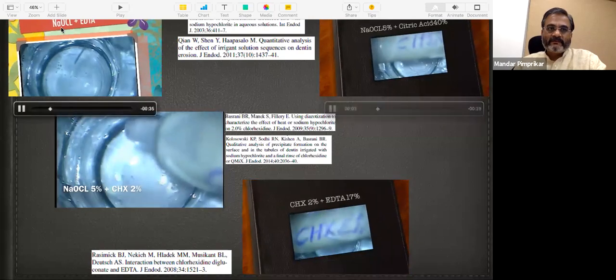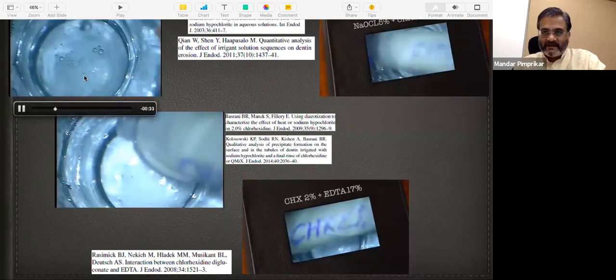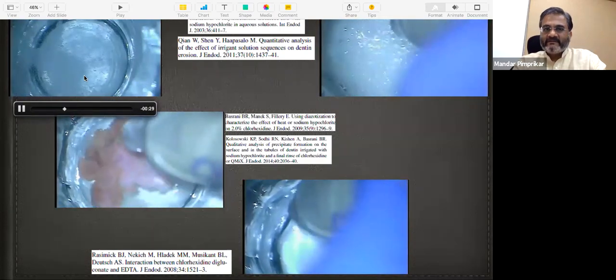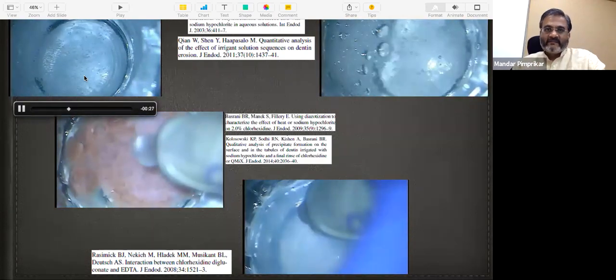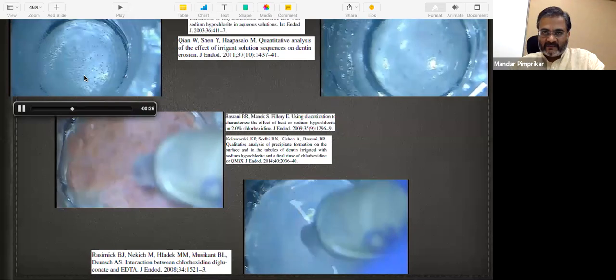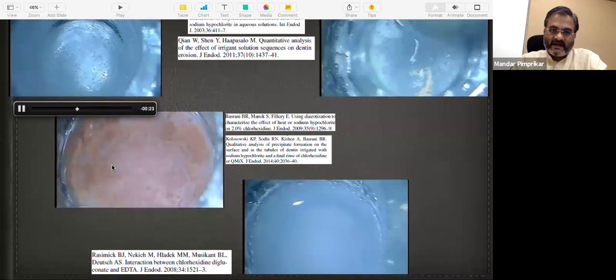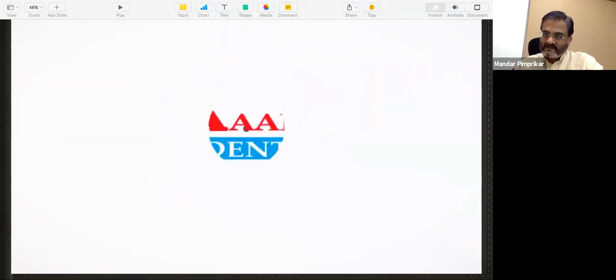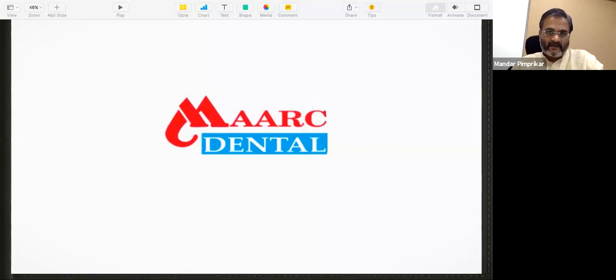If you mix hypochlorite with EDTA, it's going to react negatively. The EDTA will render the hypochlorite ineffective by allowing all the free chlorine to be released. Chlorhexidine and hypochlorite is a big no-no because it forms a parachloroaniline compound. And if you mix hypochlorite with citric acid, it also forms salts.